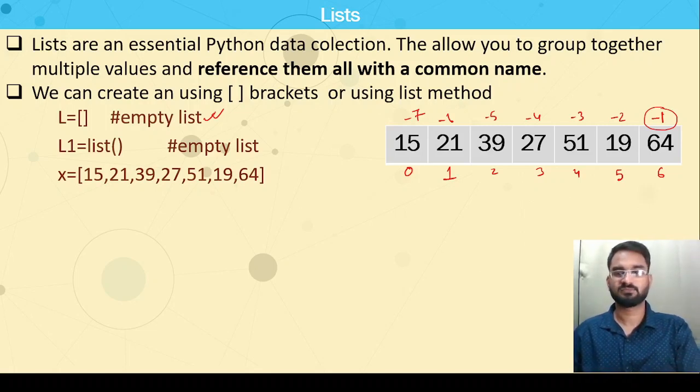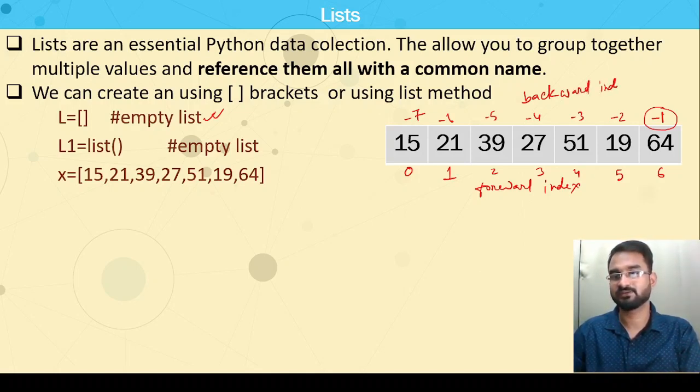So every list has two types of indexing: one which starts from 0, which we call forward indexing, and one with negative numbers, which we call backward indexing, because it starts from the rightmost element.